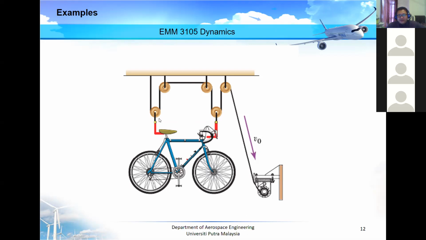Let's say without this, the bicycle weighs like 20 kg, the total weight of the bicycle is 20 kg. With a pulley system, you might need like 10 kg of force. Okay, of course 10 kg multiplied by the gravity. Okay, so that's why we have this mechanical system.